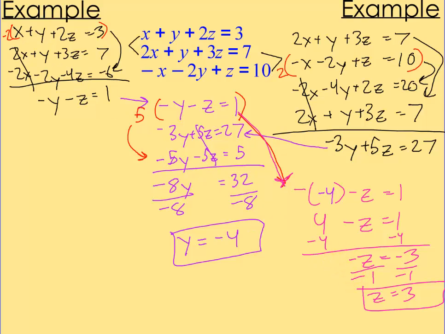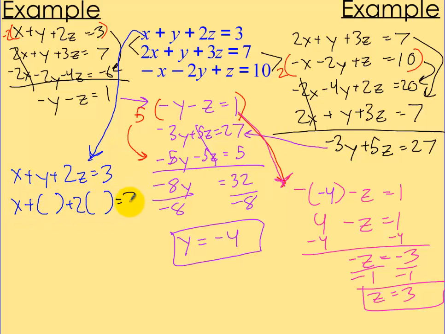Now I've got to solve for x. I will plug in, let's choose the top equation. Why not? So it's going to be x plus y plus 2z equals 3. I'm going to substitute for y and z. So x plus something plus 2 times something equals 3. Those somethings are going to be negative 4 for y and positive 3 for z.